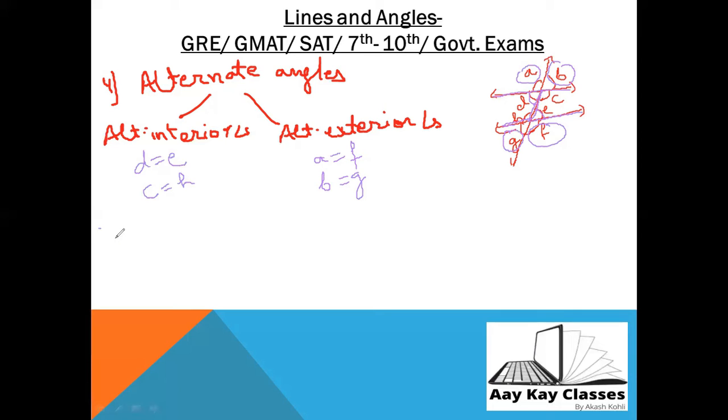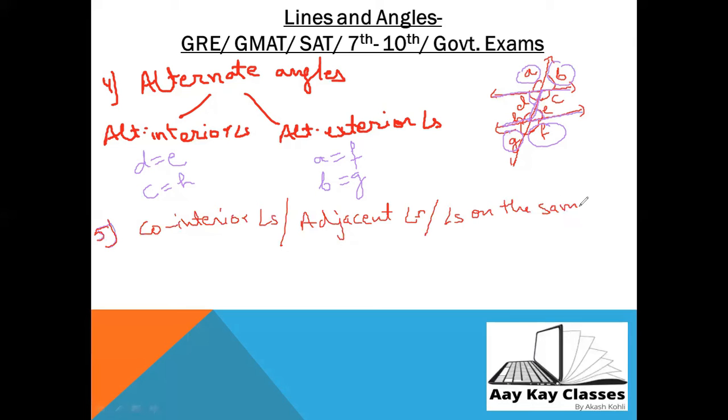So the next pair we are going to discuss, the fifth one, is co-interior angles or adjacent angles. It also has one more name, that is angles on the same side of the transversal.